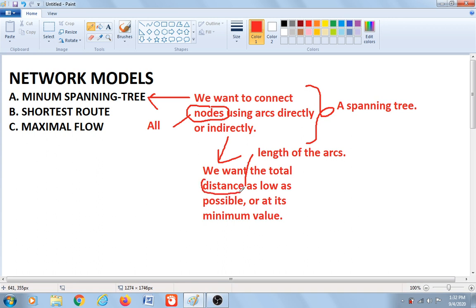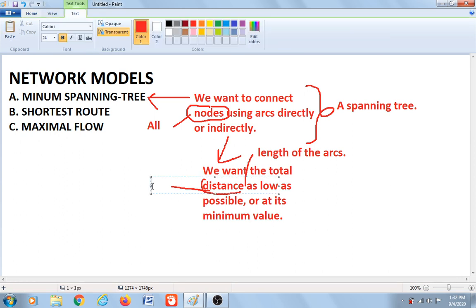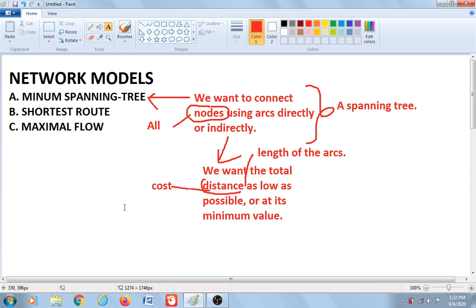Here I use distance, but it can be distance or it can be cost. So that's a minimum spanning tree problem.